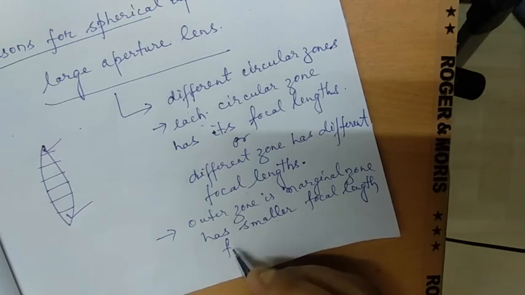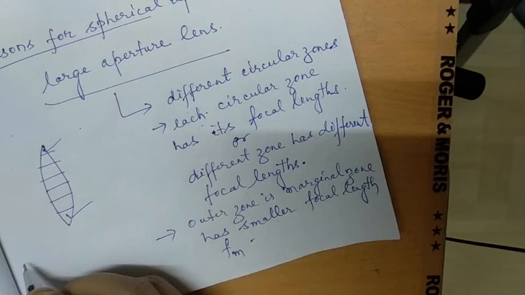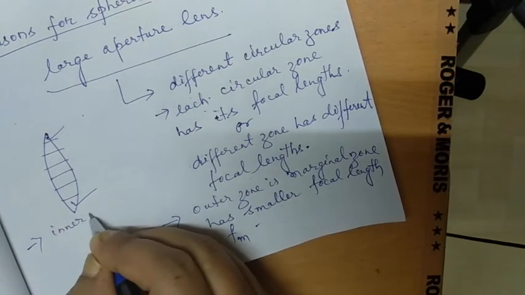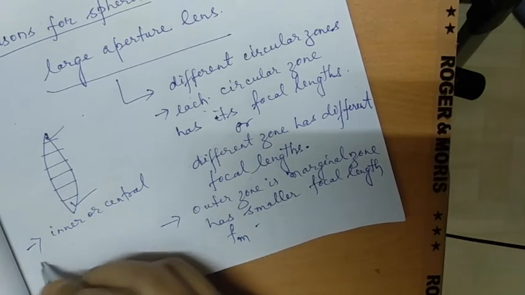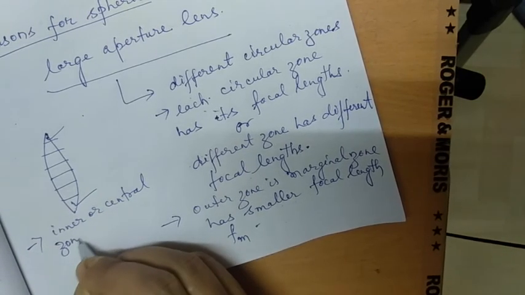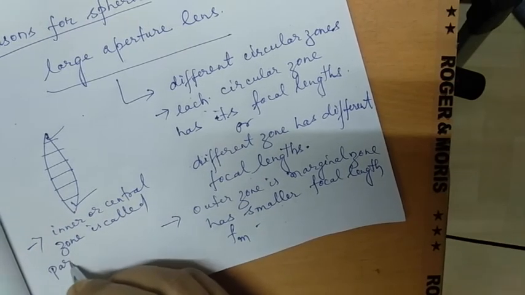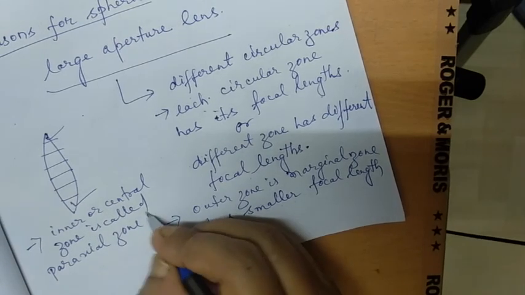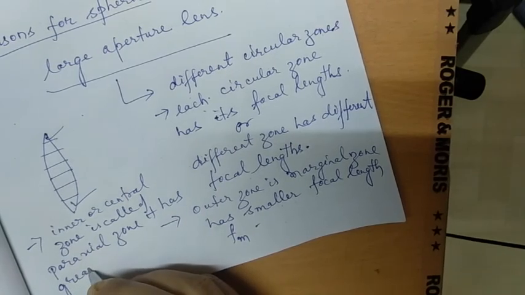Let's say, as we have done here, that is FM. And the inner or central zone is called the paraxial zone, and it has a greater focal length.